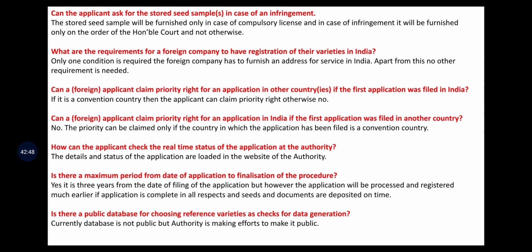Yes, there are 3 years from the date of filing of the application, but the application will be processed and registered much earlier if the application is complete in all respects and seeds and documents are deposited on time. Is there a public database for choosing reference varieties as checks for registration? Current database is not public, but the authority is making efforts to make it public.